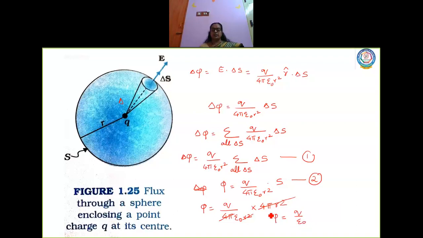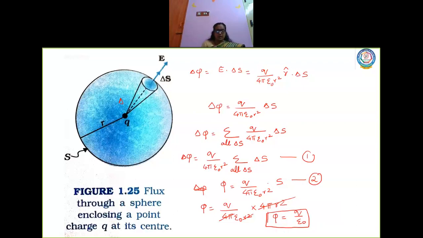This is called Gauss law. It states that the total flux of a surface is equal to 1 by epsilon naught times the charge enclosed in the surface. This is a very, very important topic. Now, based on Gauss law, we are going to talk about various applications. Okay.